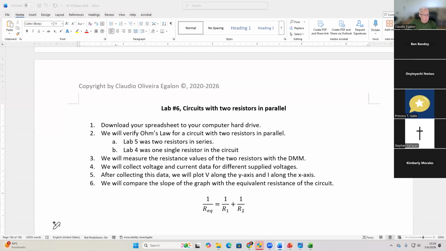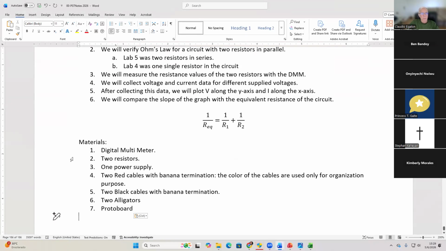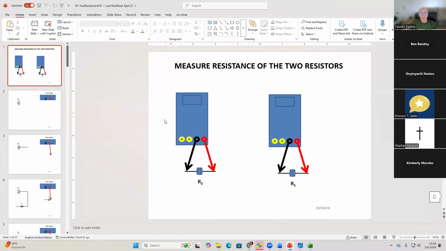Materials, we started with equipment, right? Digital multimeter. We have an illustration of a digital multimeter that we use there at LA Harbor. Here you go. That's how it looks.